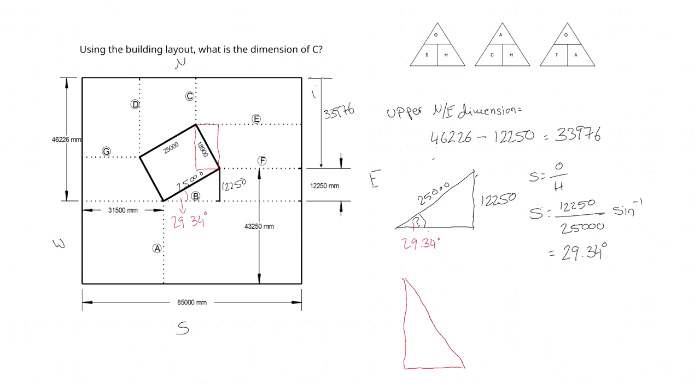Right, and which numbers do we have here already? Well, we have the hypotenuse, the 18,900. We have the 29.34 degrees for our angle, and what we're looking for is the adjacent side here.